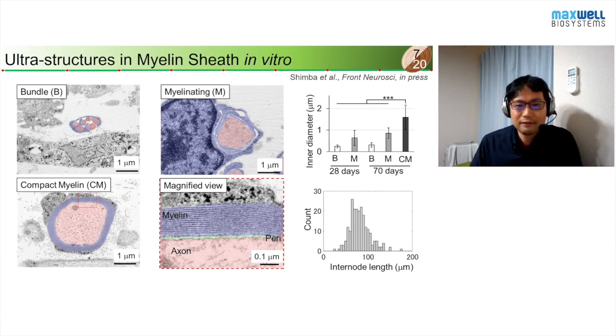But at day 70, we observed a lot of completed myelin sheaths with more than 10 layers of myelin membranes wrapping an axon. And the parameters of myelinated axons are consistent with previous studies. These results indicate that complete myelin is formed by day 70 in this culture condition.